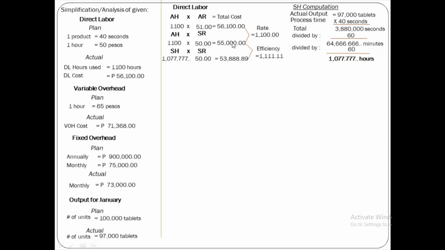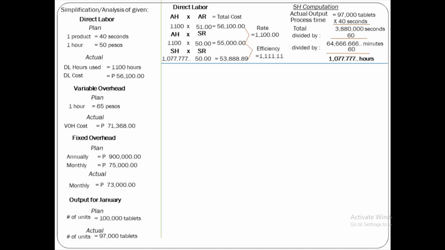We are interested in the question, are the workers efficient? As you can see, in the actual, they have used 1,100 hours in order to produce the 97,000 tablets. But if we follow the plan, they should have only used 1,077.77. So they are inefficient. That's why the answer is unfavorable.